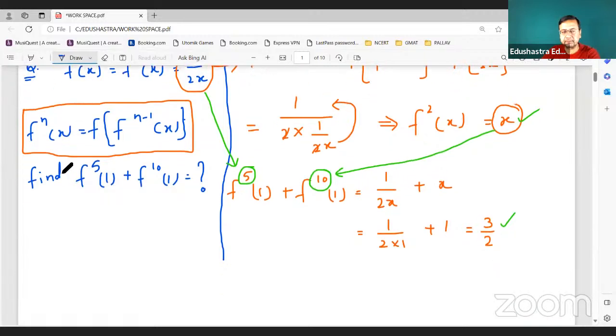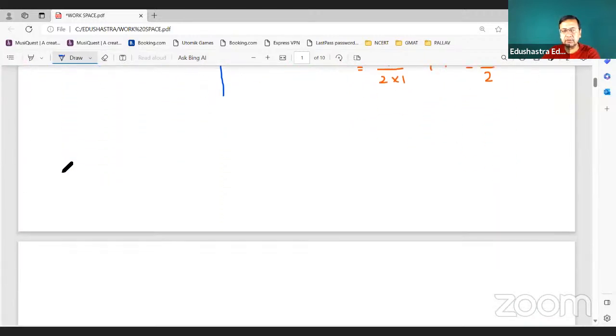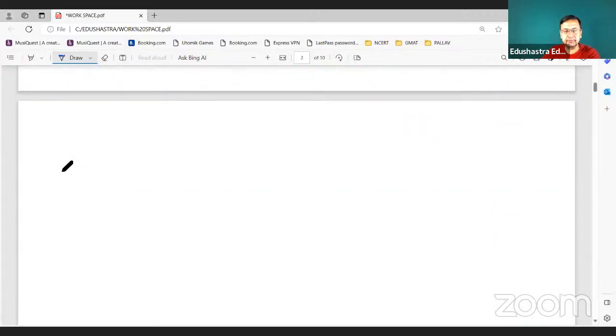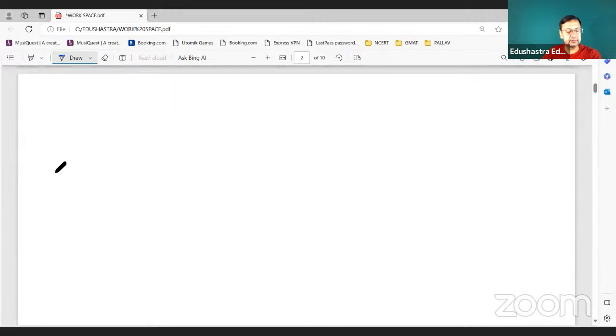Okay, so now moving further. Now coming to another topic, which is logarithm, right? So this is 7 log 16 by 50, right?